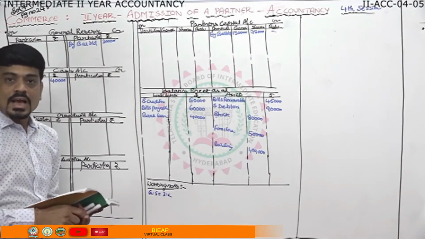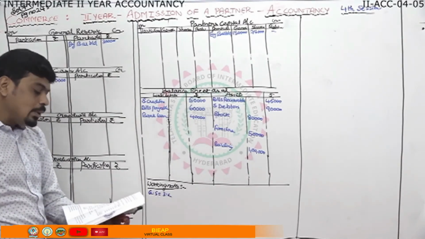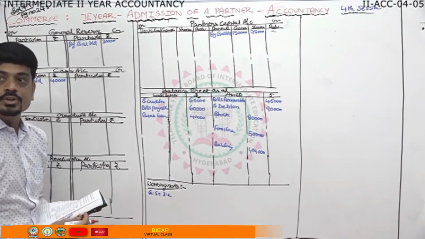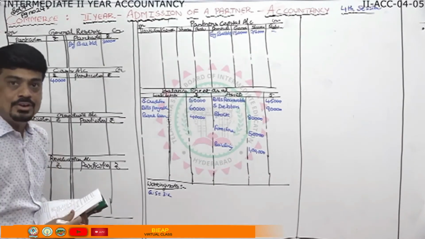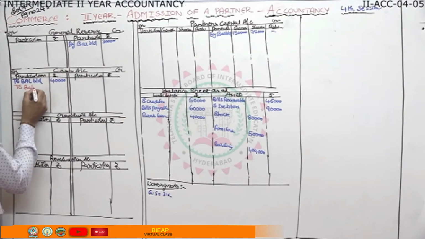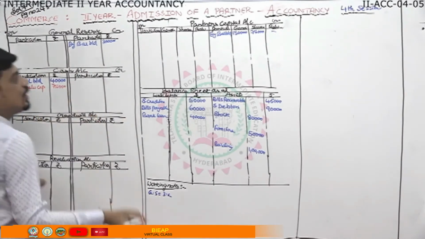Now comes the adjustments. They said Balu is bringing 75,000 for capital. Already I taught you the journal entry for capital brought in: cash account debit to Balu capital. So Balu brought 75,000.